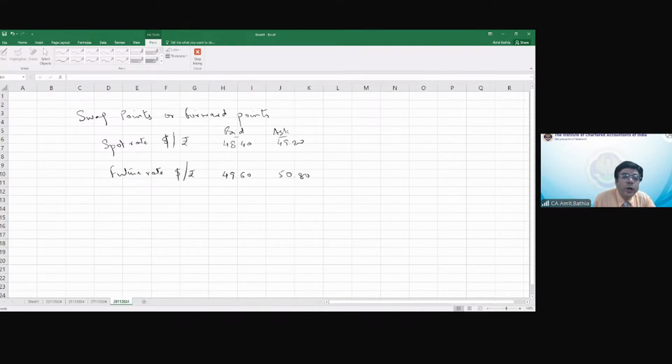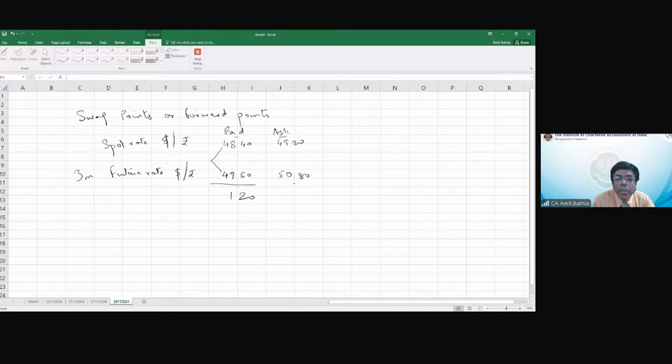So what is a swap point? The swap point is nothing but the difference between your spot rate and future rate. Here you can clearly see 48.40 is my spot rate, and say my 3-month future rate is 49.60. That means in 3 months time I am expecting that the price will improve by 1.20 rupee per dollar, right?